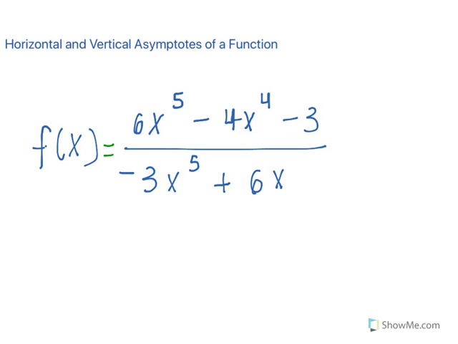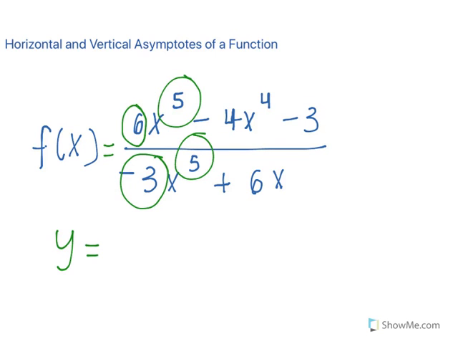In this function, f of x equals 6x to the fifth minus 4x to the fourth minus 3 over negative 3x to the fifth plus 6x. We see that the degree of both the numerator and the denominator is equal. Since this is the case, we would actually take the coefficients of the variable of the highest degree from the numerator and denominator and divide them.